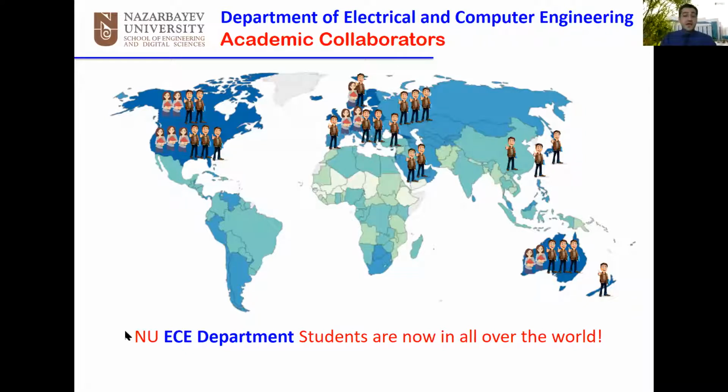In terms of academic collaboration, I wanted to tell you something very interesting. All over the world, you can find our graduates, from east to west and from west to east. Just a couple of days ago, I talked with one of my MSc graduates, and he has got a job from an Australian company and is moving to Australia.